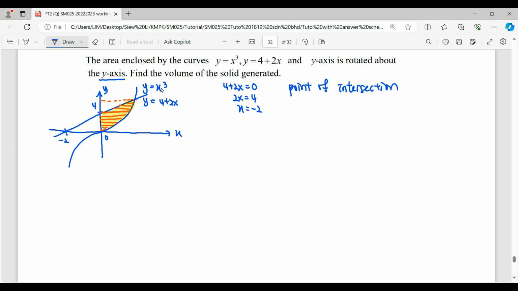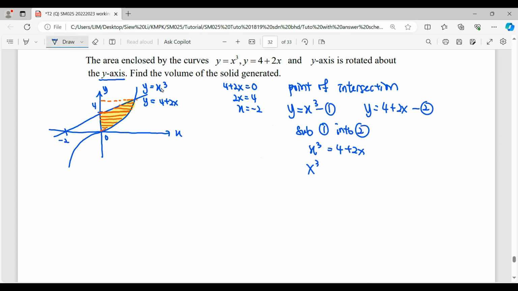To find the point of intersection, we need to do simultaneous equations. y equals x cubed is equation 1, y equals 4 plus 2x is equation 2. We substitute equation 1 into equation 2, and we rearrange this polynomial. To solve this polynomial, you can use your calculator for cubic equations.